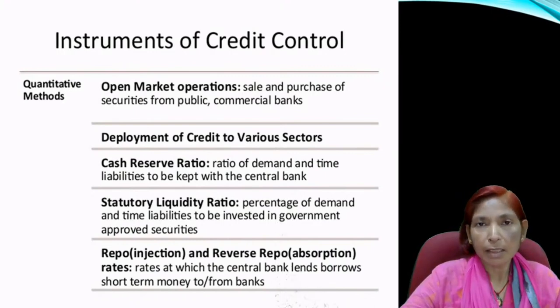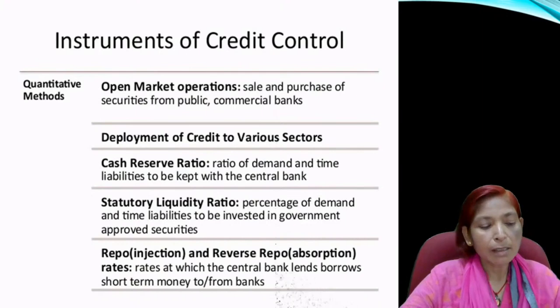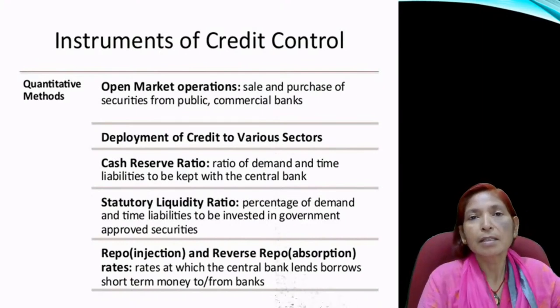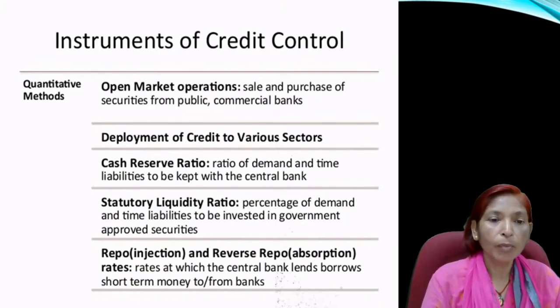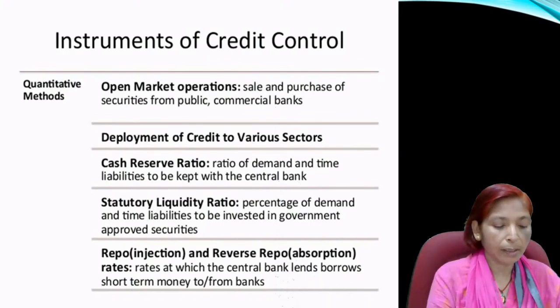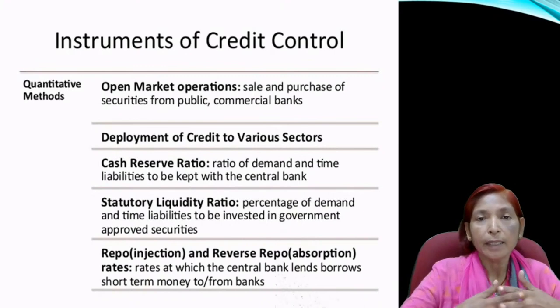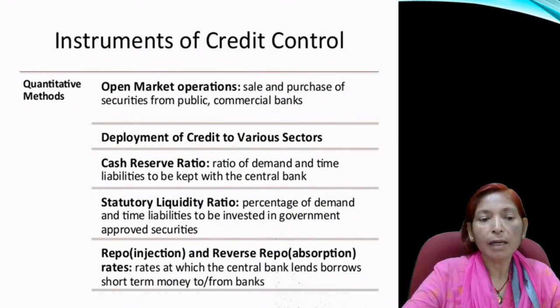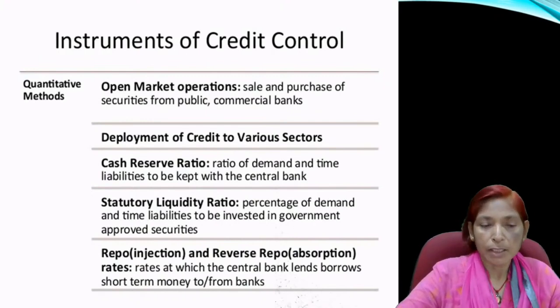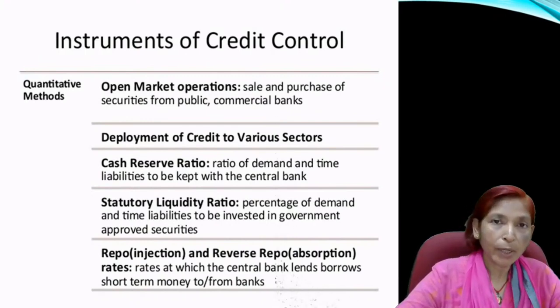If SLR increases, credit creation will be less, and if SLR decreases, then credit creation will be more. It means that credit creation depends upon CRR, SLR, open market operations, and bank rate. So what is repo rate?